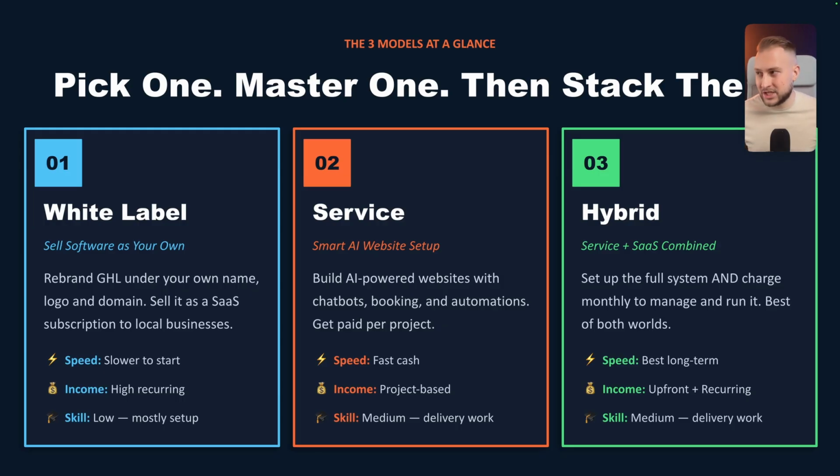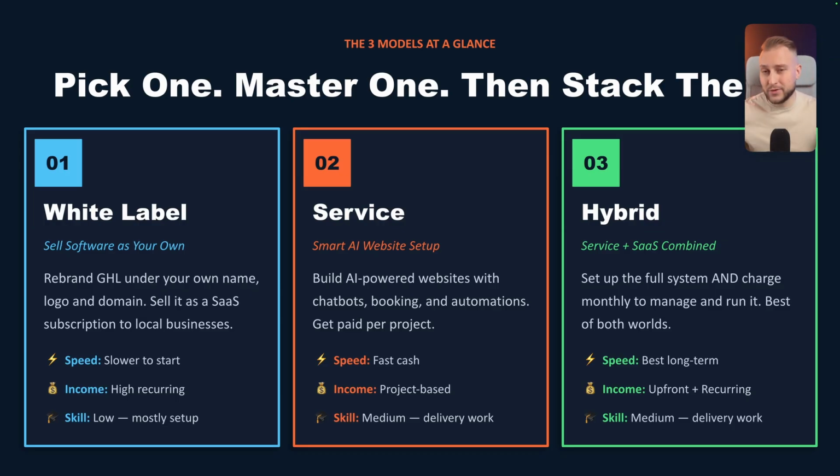The only thing that changes is how you position it to other people, to local businesses, for example. And that's pretty much it, because GoHighLevel is behind it. Again, if you want to see how to white label it, we do have videos on the channel. You can watch those and see how you can use that to your advantage, okay?